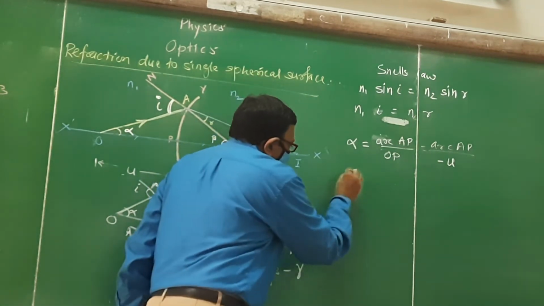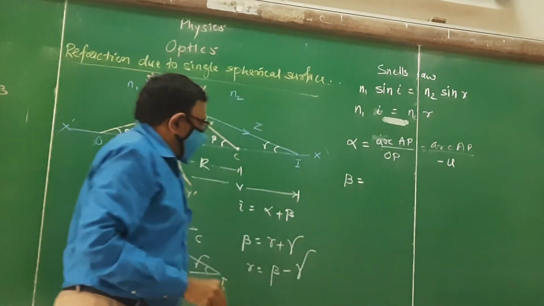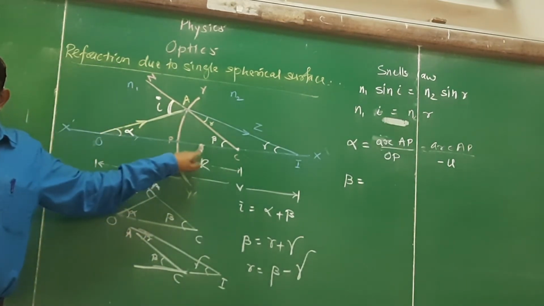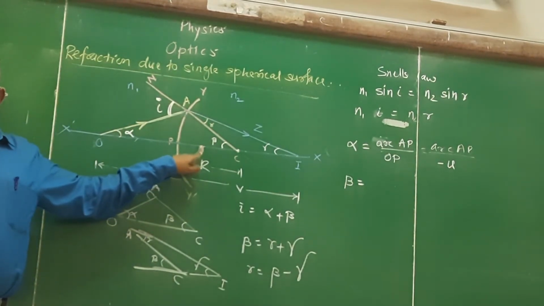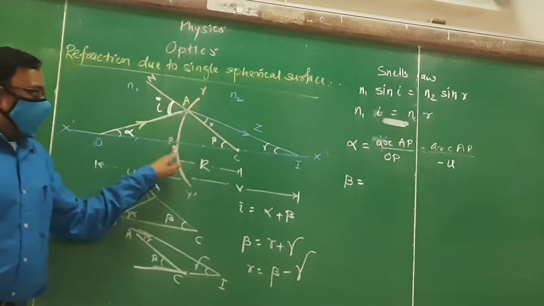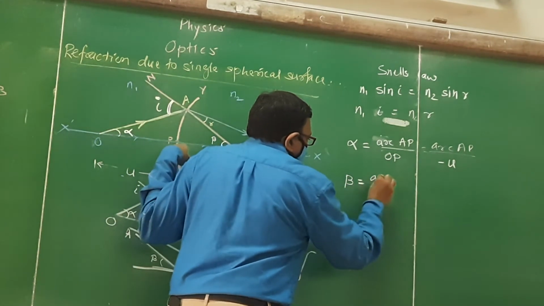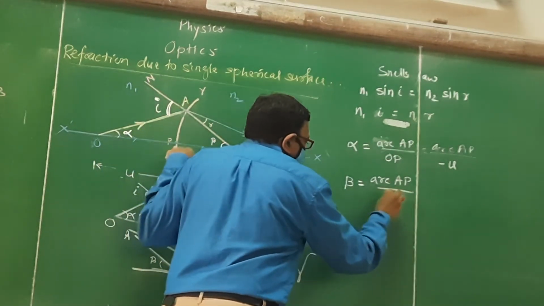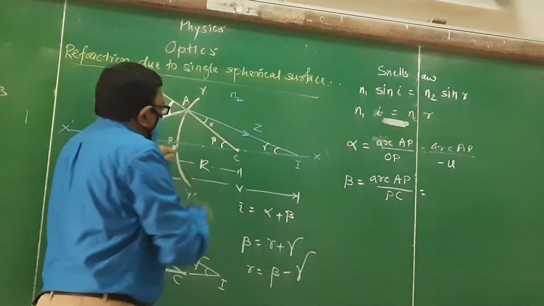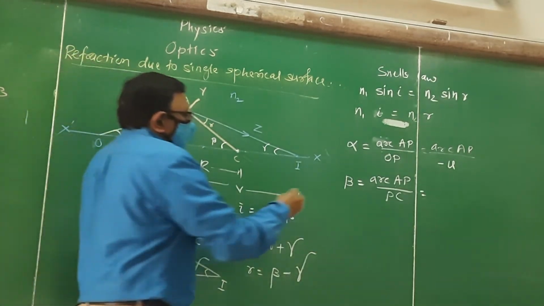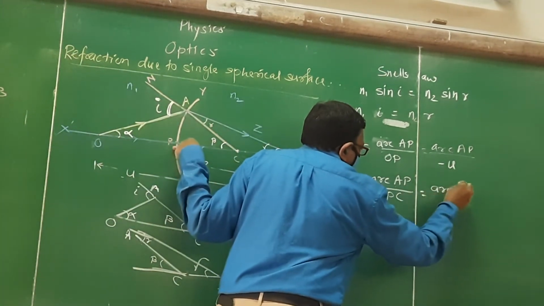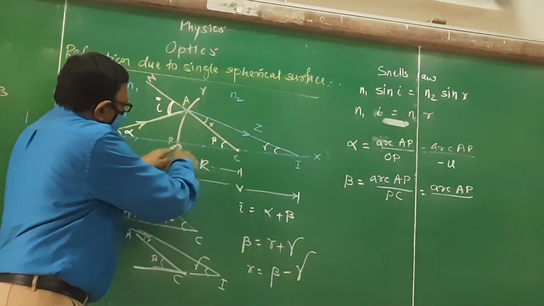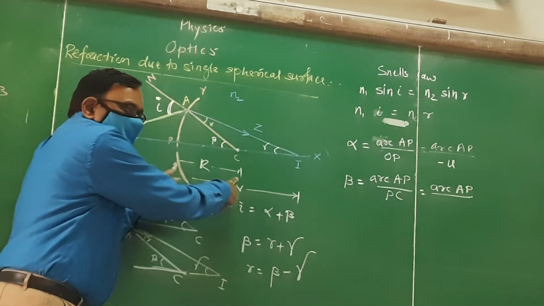Similarly, we have to calculate the value of beta. From this section, can anyone say the value of beta? Beta is equal to AP upon PC. PC means how much distance is here?